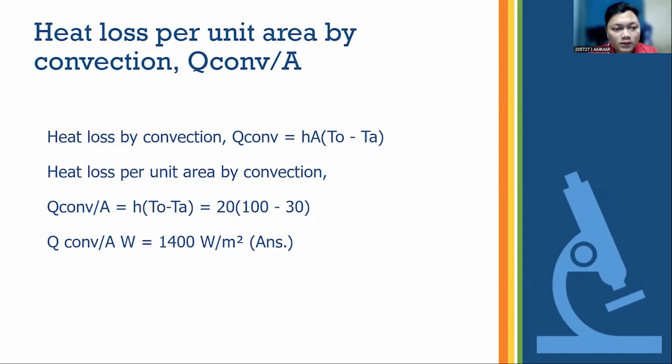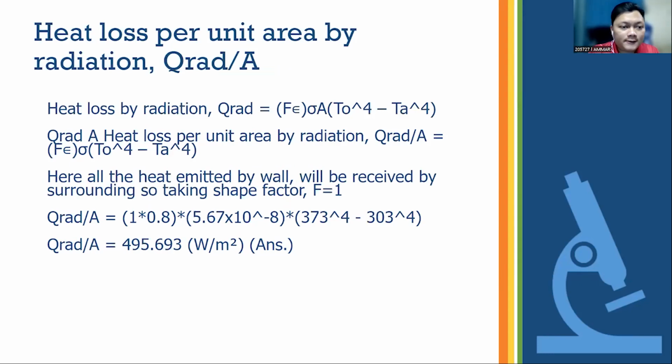For the first one, the heat loss by convection, this is the formula, and from the given we just insert the values. From there, we get the answer of 1400 watt per meter square for the convection.